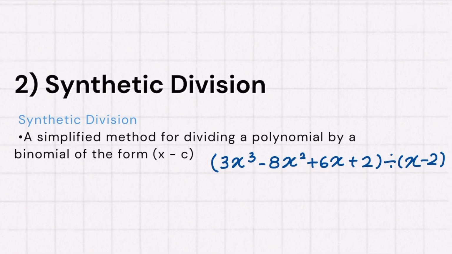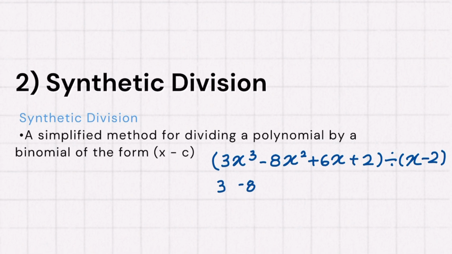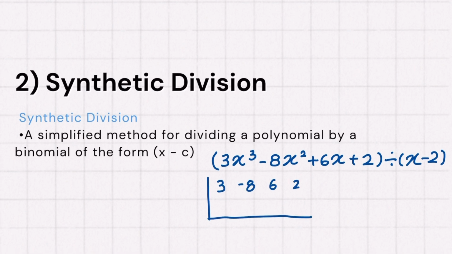What we're going to do right now is write down the coefficients of the equation that is not in the form of x minus c. And then since if we plug in 2 into this equation, we would get 0, we write down 2 over here.